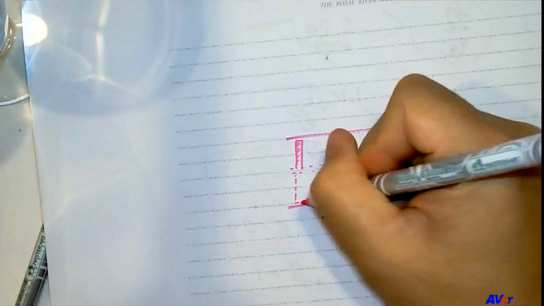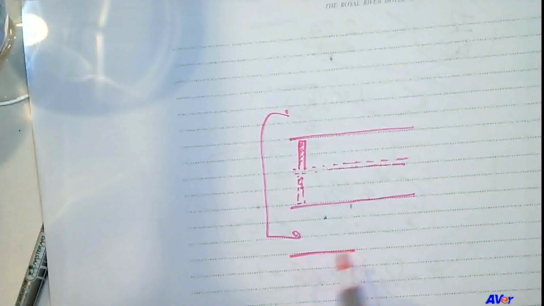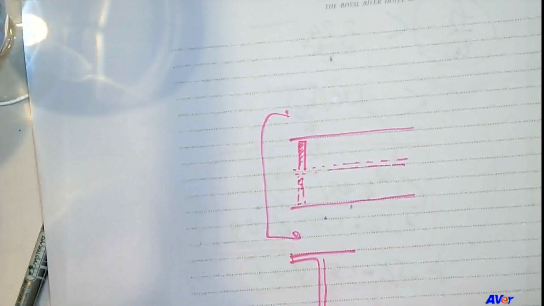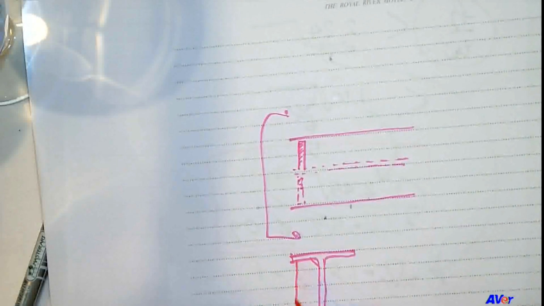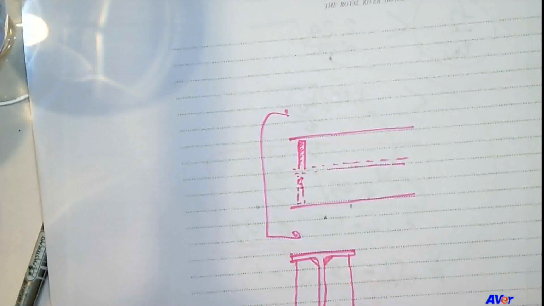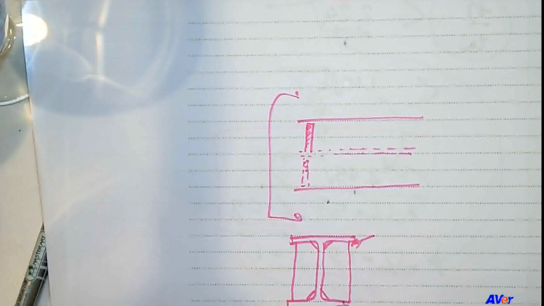It should be the dotted line as well. So when you look at this cross section, it looks like this. You need to clip it because it won't fit because of the fillet, right? Like that. It needs to be very, very near the edge, otherwise your flange may buckle.